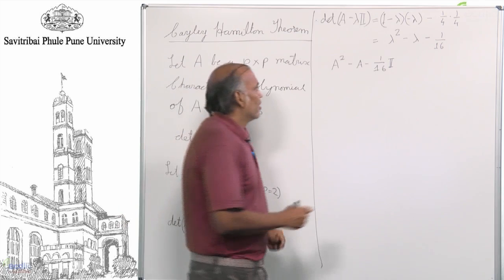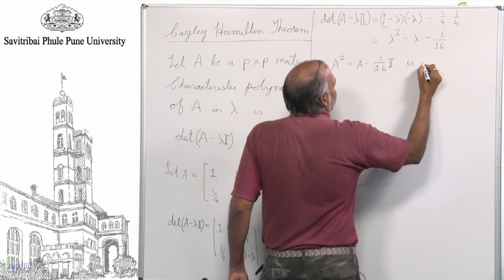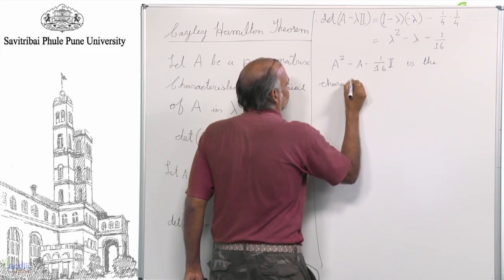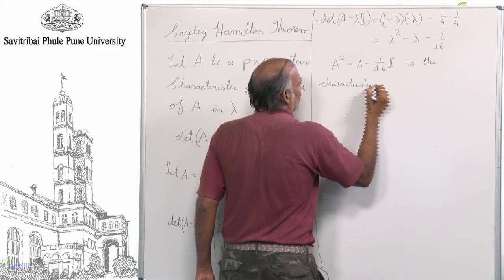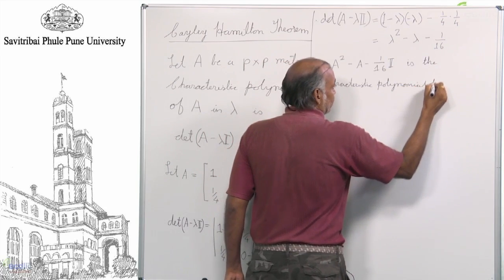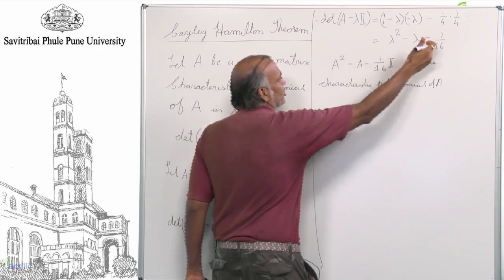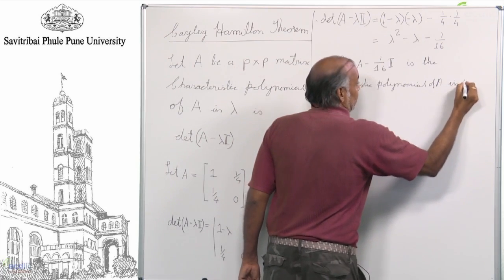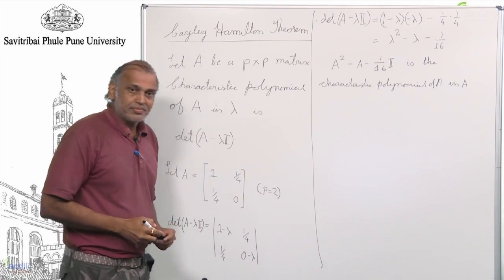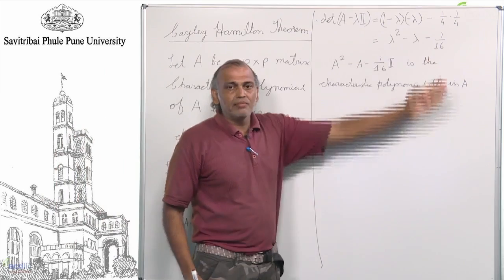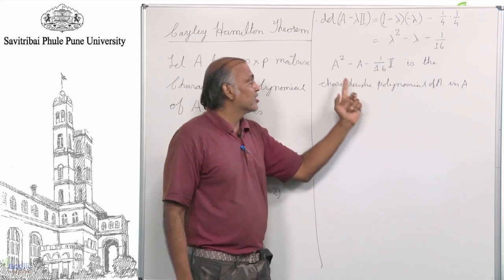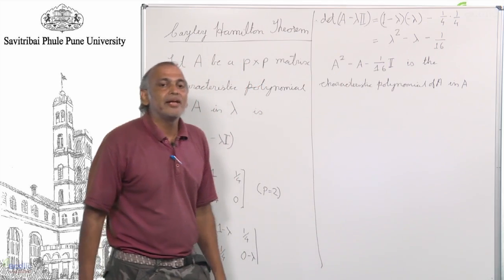We call this the characteristic polynomial of A, which gave you these coefficients, in A. Instead of in lambda, I say in A. So the whole thing, instead of being a scalar or a number, technically we call it a field member, instead of that, the polynomial turns out to be a matrix, a P by P matrix.